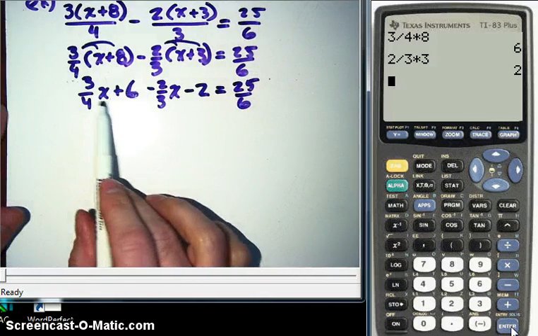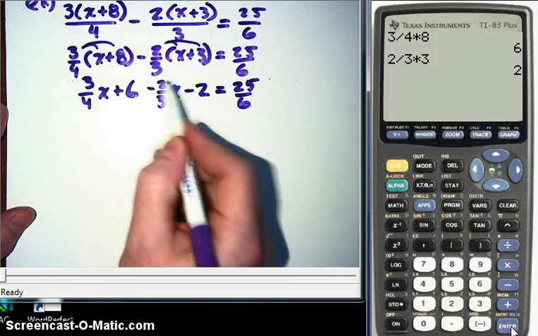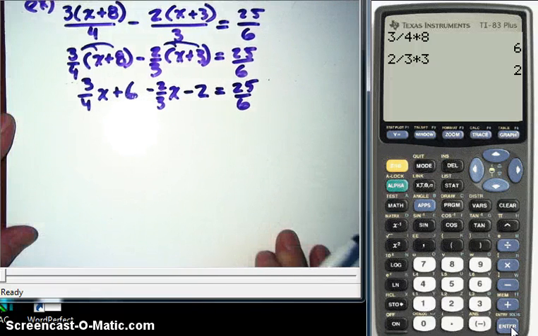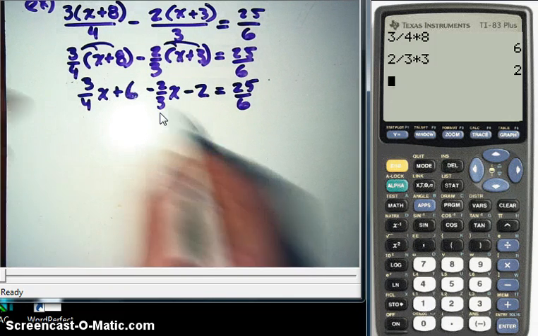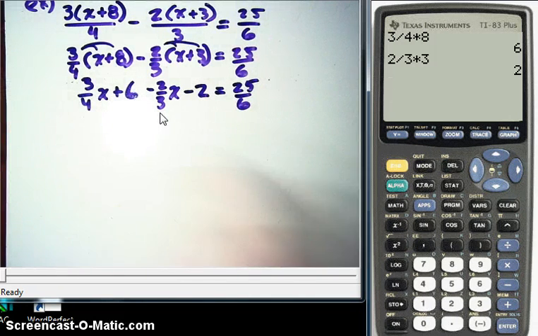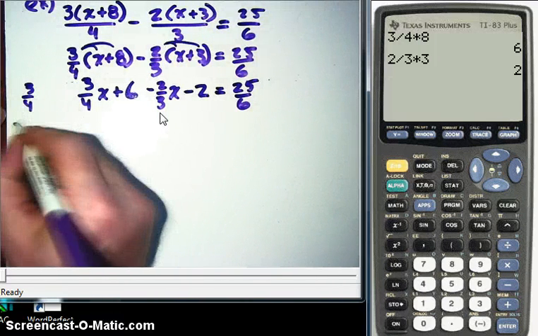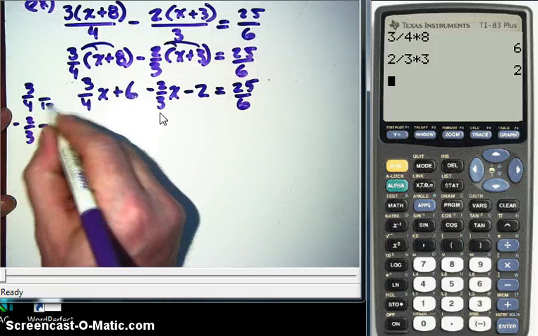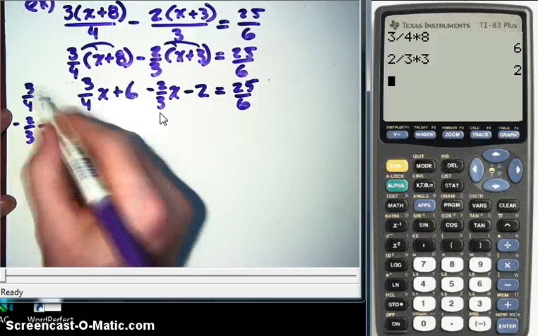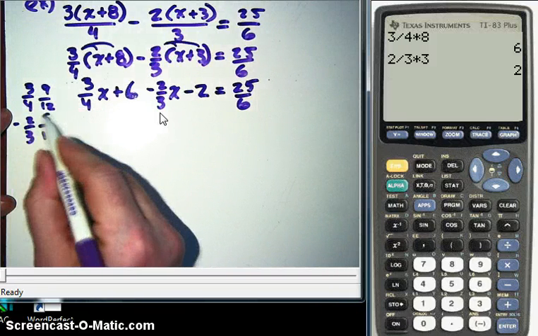All right, this part right here, we're supposed to add like terms. So we're going to add the x terms and the number terms. Well, what does that work out to? Again, 3/4 minus 2/3. You could do this off to the side, 3/4 minus 2/3, and find the common denominator and so forth, which is easy enough to do. 3/4 minus 2/3, common denominator being 12. 3 times 3, so this is going to be 9/12. 4 times 2 gives us 8/12.